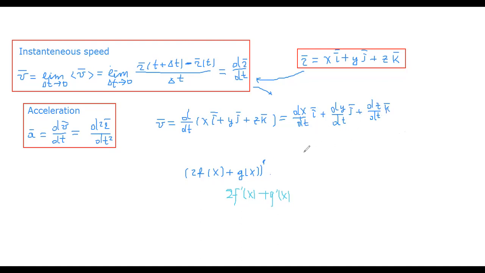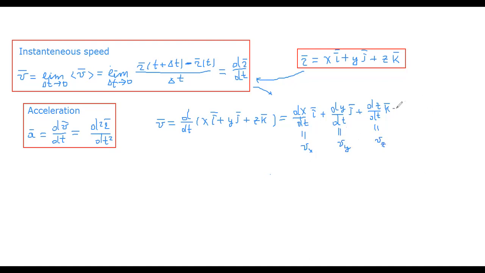Something like this, and we can make a designation. I mean, we can denote it like this: vx, vy, vz.